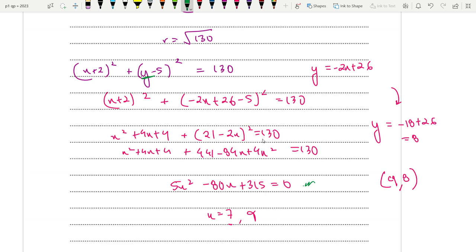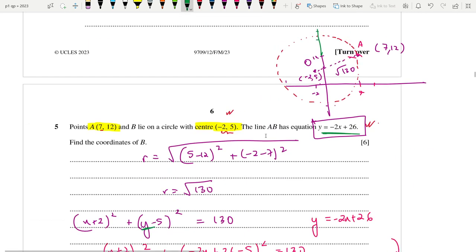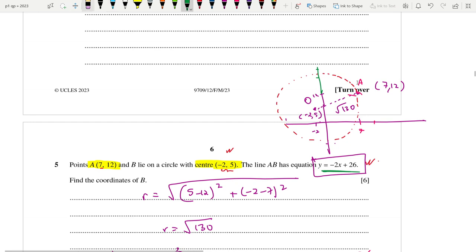What can we write? x squared minus 16x plus 63 is equal to 0. So after solving it, we get two solutions, 7 and 9. We have one of them already, which is A. So the other one is at 9.